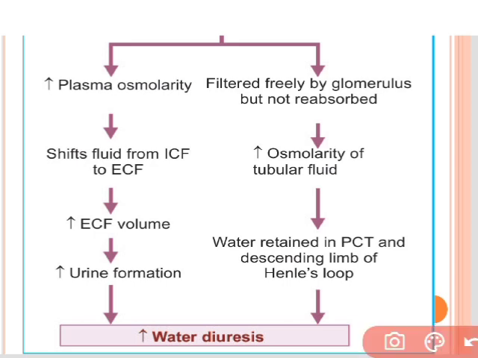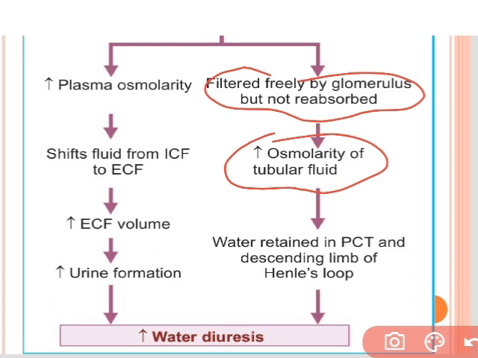Then, when mannitol is given intravenously, it will get freely filtered by the glomerulus. The osmolarity of the tubular fluid is also increased, so water is retained in the PCT and the descending limb of the loop of Henle, and that also increases the water diuresis.